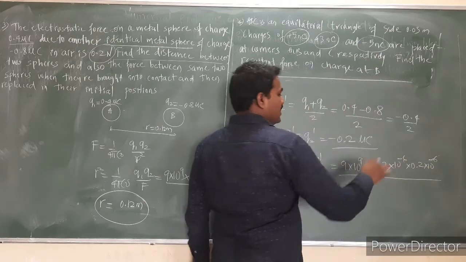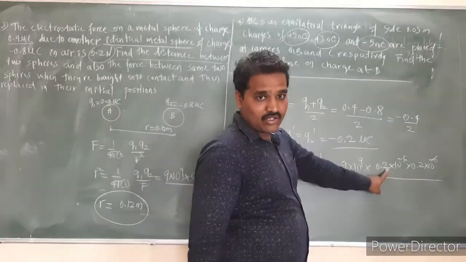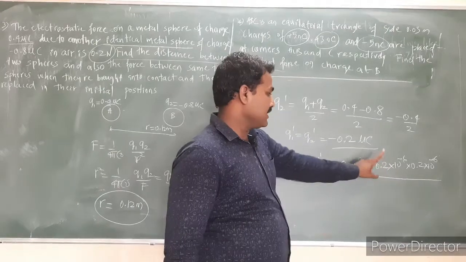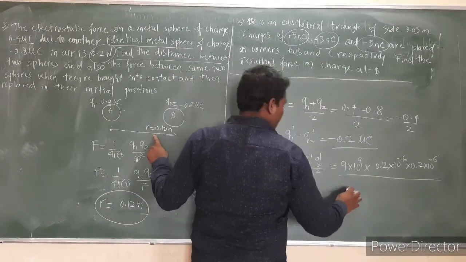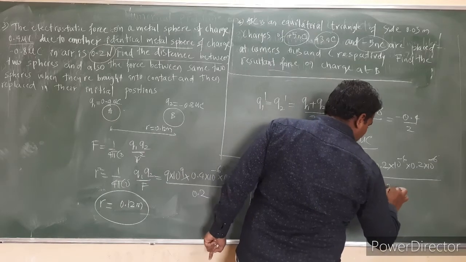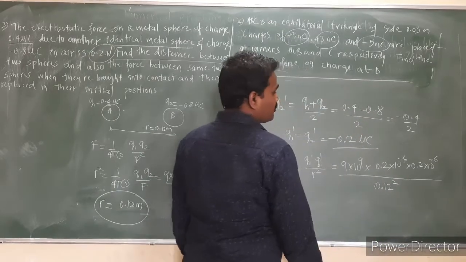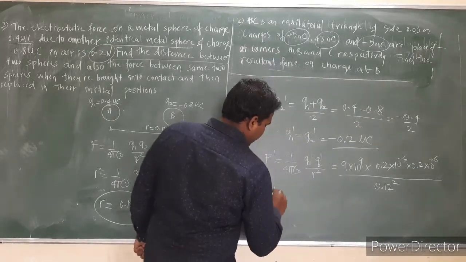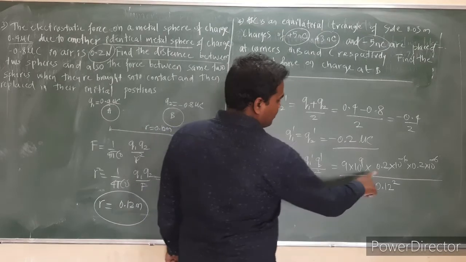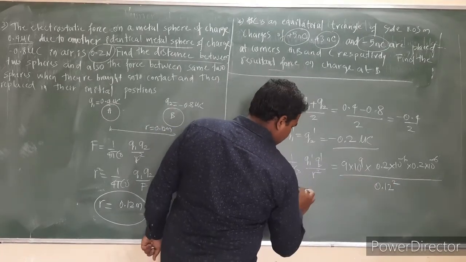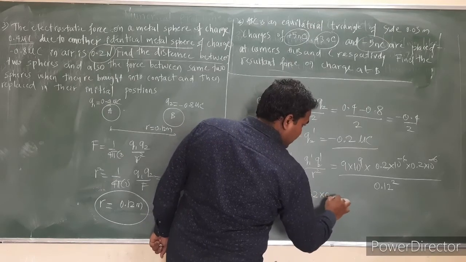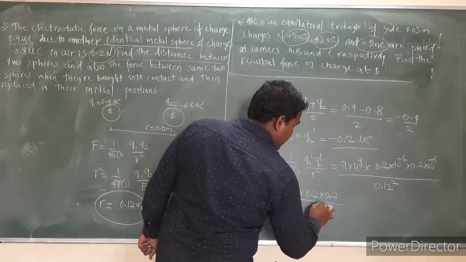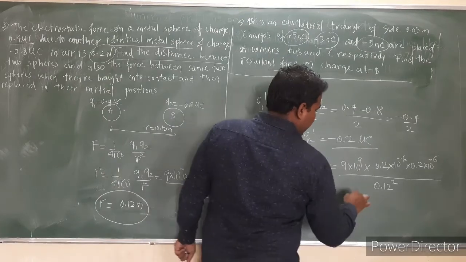While substituting, we just have to substitute the magnitude of the charge. Do not write the negative sign here. Divided by R square. R is equal to 0.12, which we have found out. So substituting the value of R square, that is 0.12 square, I can get the value of F dash. By simplifying this, just write the numbers separately. 9 into 0.2, again 0.2 here, whole divided by 0.12 square, into 10 raised to powers.